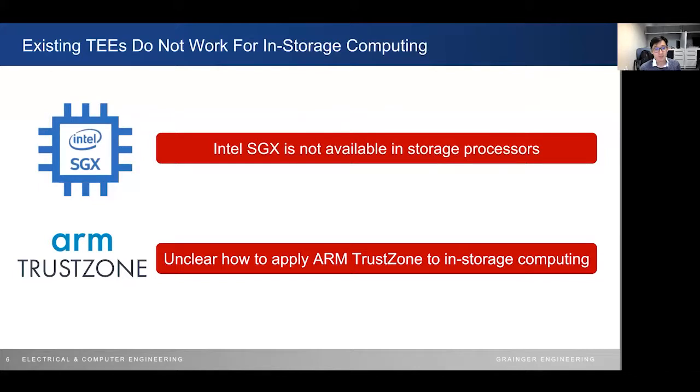And what's more, neither of them can defend against all types of attacks that are faced by in-storage computing. In particular, SGX cannot secure data access to flash chips, while ARM TrustZone does not protect against physical attacks at all. And both of them also suffer from significant performance overhead, which cannot be afforded by the SSD controller due to hardware resource constraints.